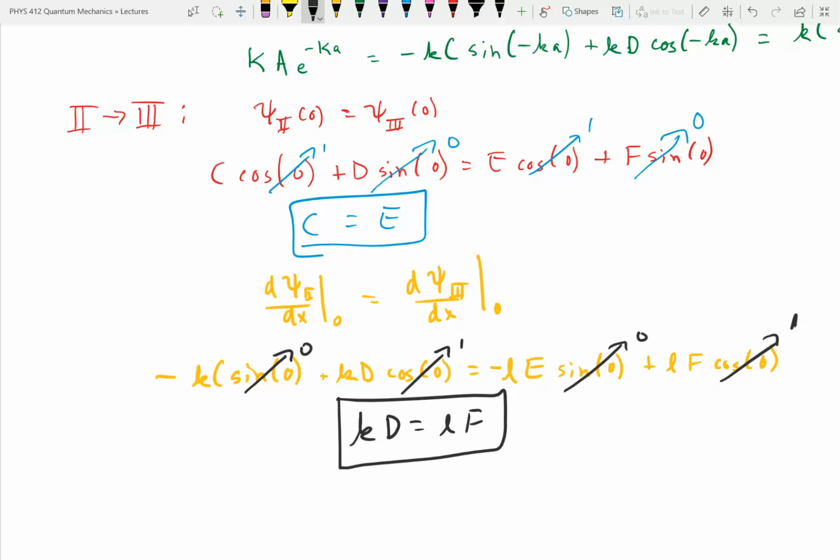So I've got some pretty simple relationships between these two. Like you said, it's so nice when your angle is 0. All right, final one.